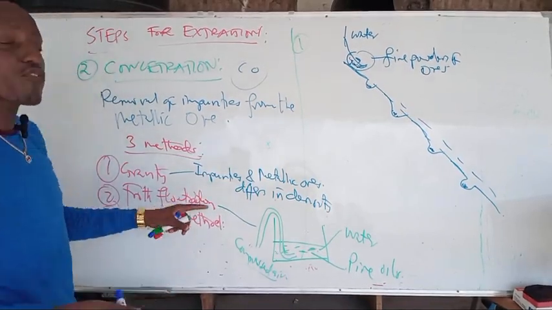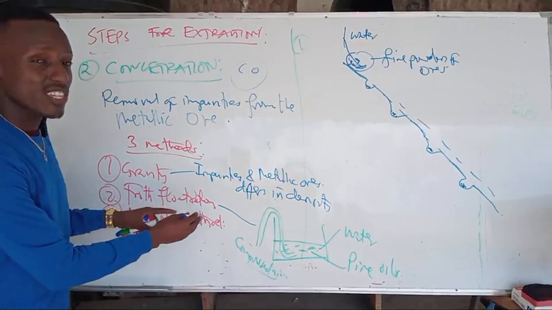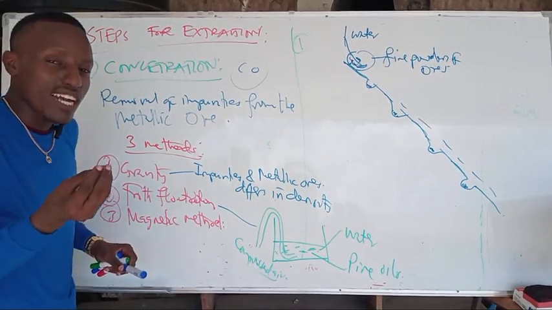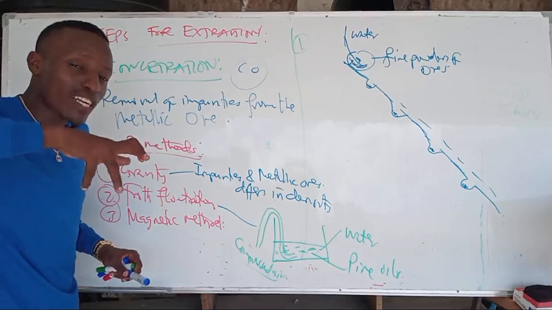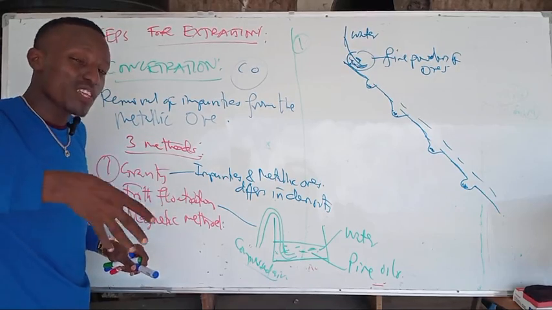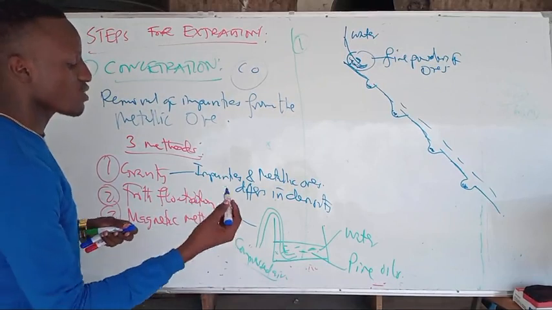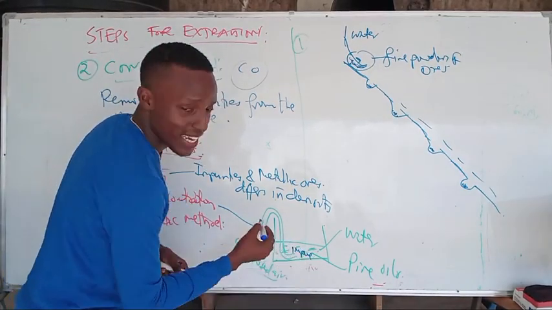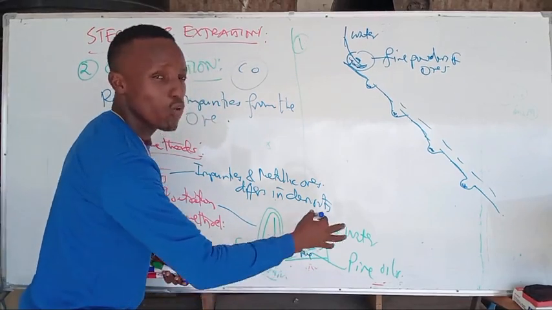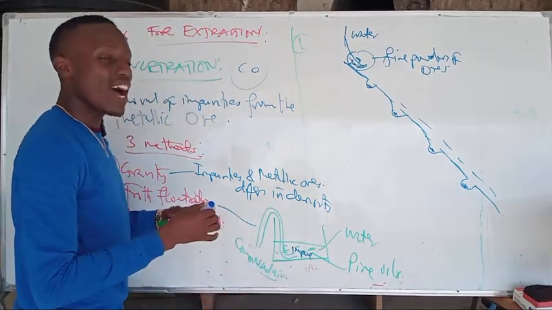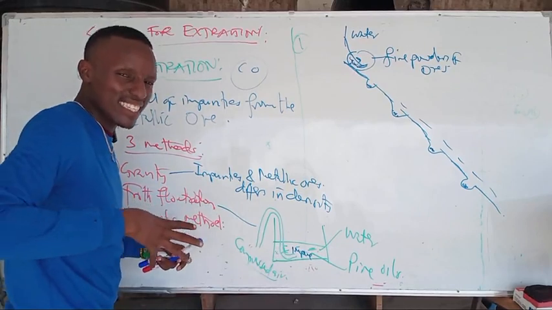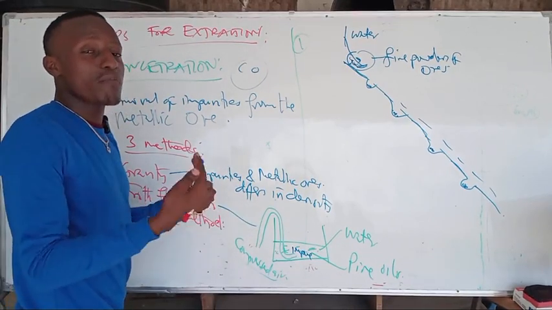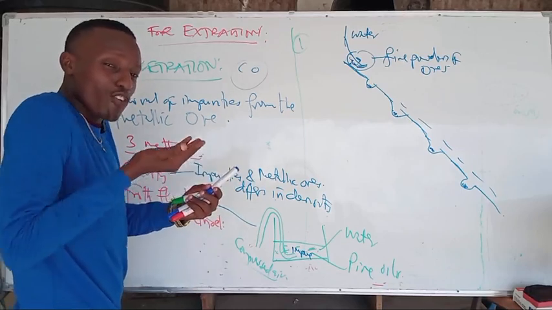So the froth flotation. The froth now is the mixture which contains the pure metallic ore, after removing the impurities. So when we mix the impure metallic ore with water and pine oil, and then force the compressed air inside, the mixture agitates itself and forms the emulsion, forming the froth at the surface.